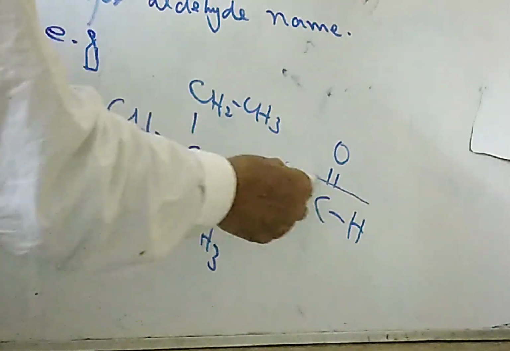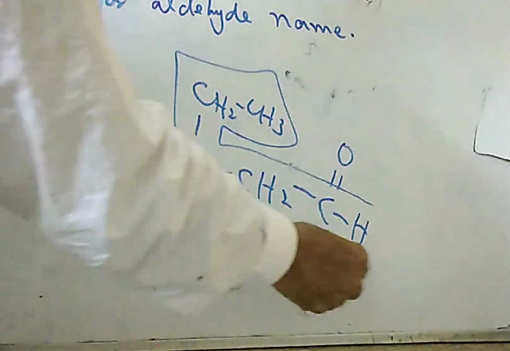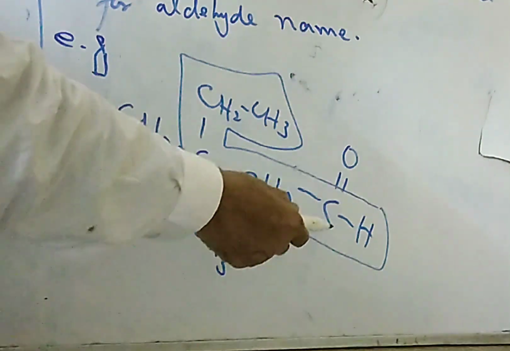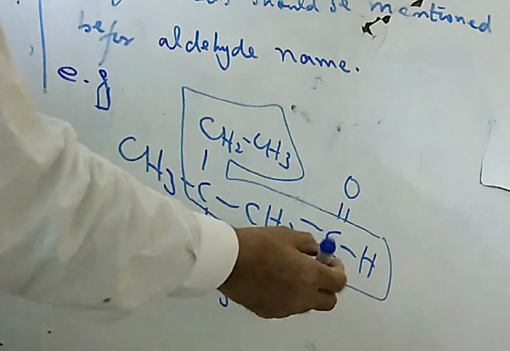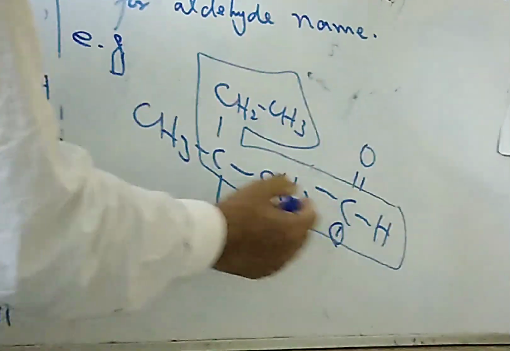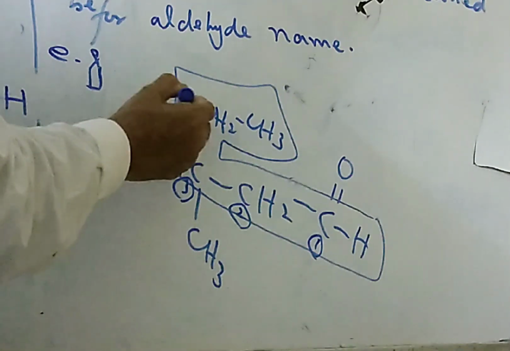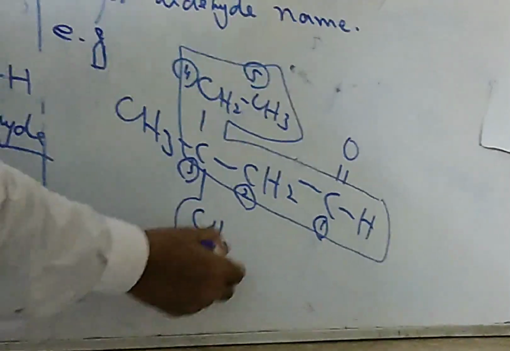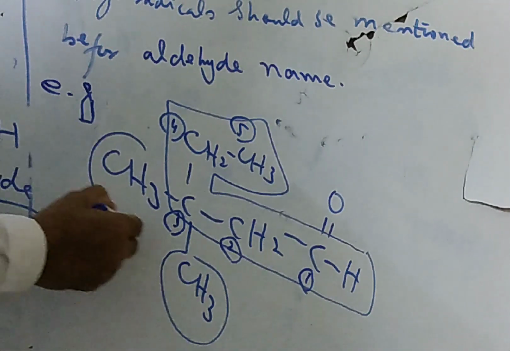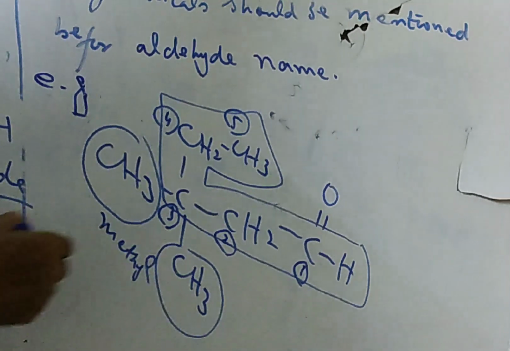So 5 is the longest chain. Since the chain started from the functional group and it always attains the first position, this is 1, 2, 3, 4, and this is the 5. And you know this is the methyl group. This is also the methyl. So both are methyl groups.